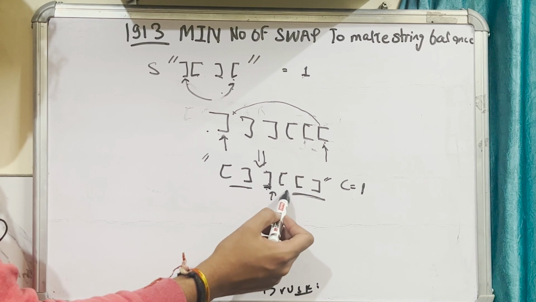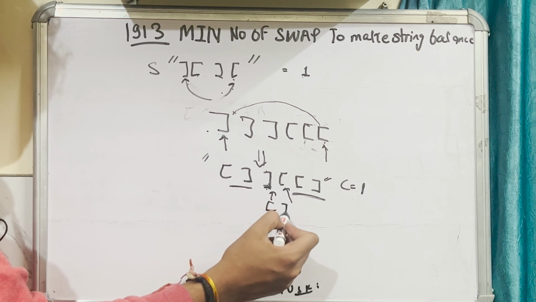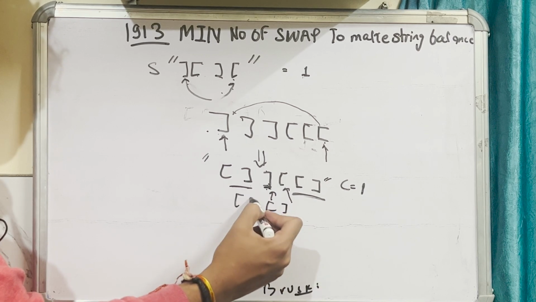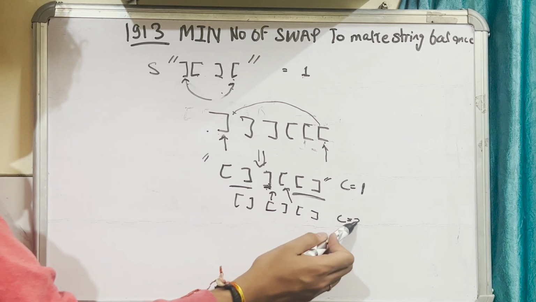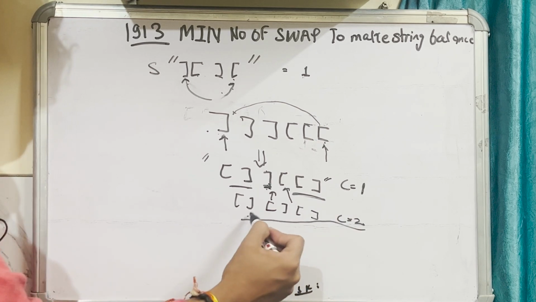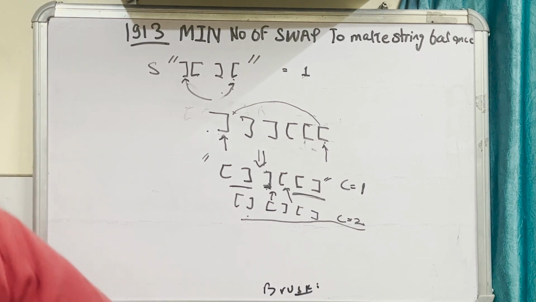We should go to an opening bracket and swap it. So you will do like this, and the remaining will be as it is. Count will be equal to 2. Let me rub this so you can think about what we are doing in this question.